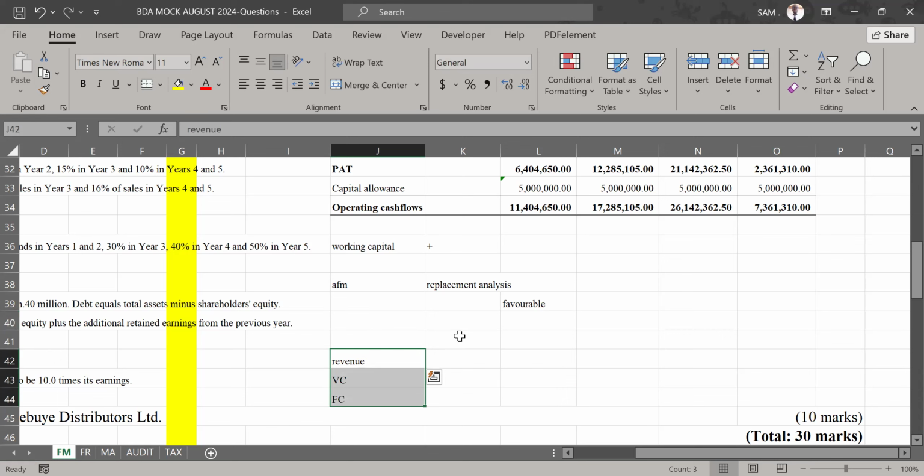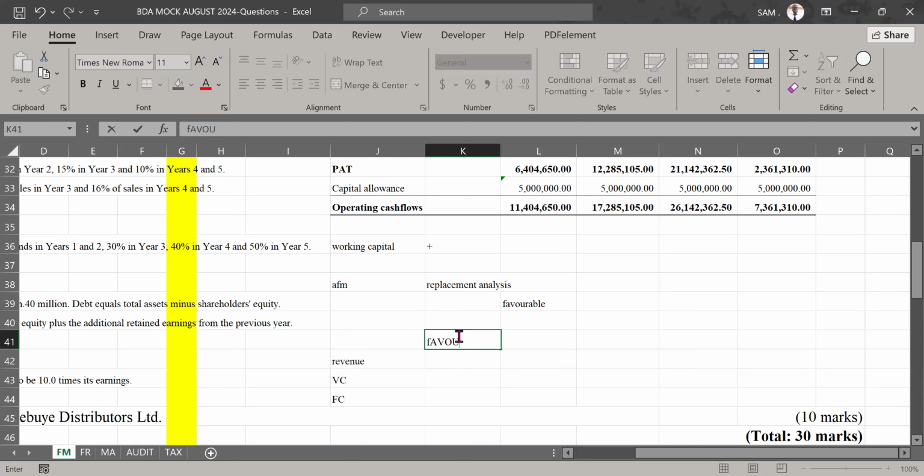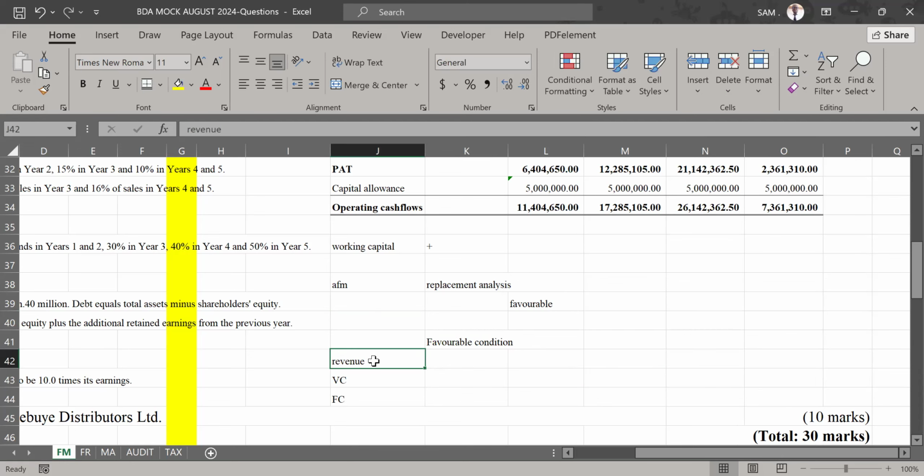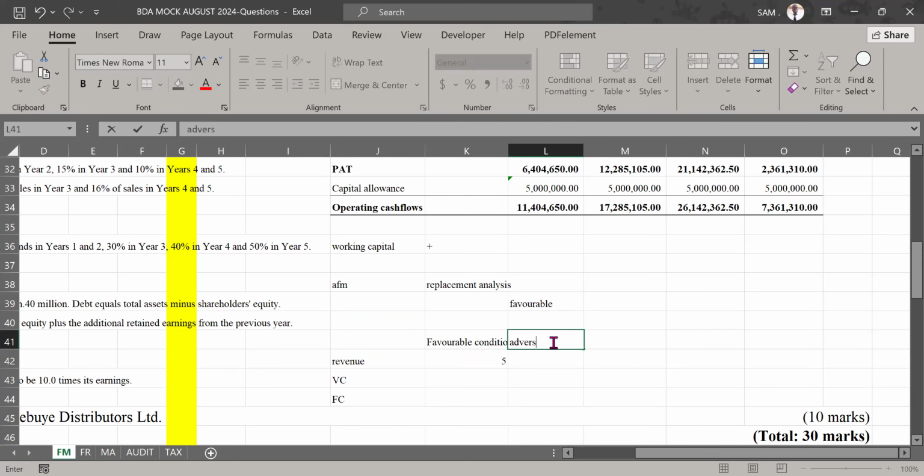They will say, under favorable condition, what are the adjustments that you expect? So on your revenue figure, they tell you under favorable condition, your revenue will be affected by +5%. And then under adverse condition, your revenue will be affected, for example, -8%. You get that? So that is the model by which they bring sensitivity analysis.